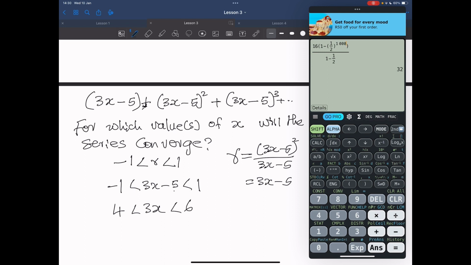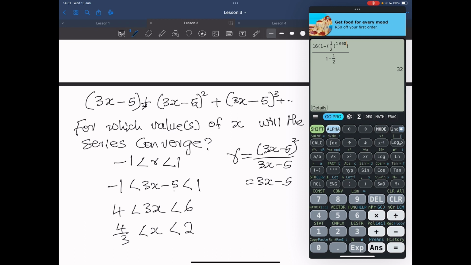So dividing through by 3, we will have 4 over 3 less than x less than 6 divided by 3, which is 2. So in other words, the answer is x is something between 4 over 3 and 2. So if x is between 4 over 3 and 2, this series is going to converge. Right, so that is one example.